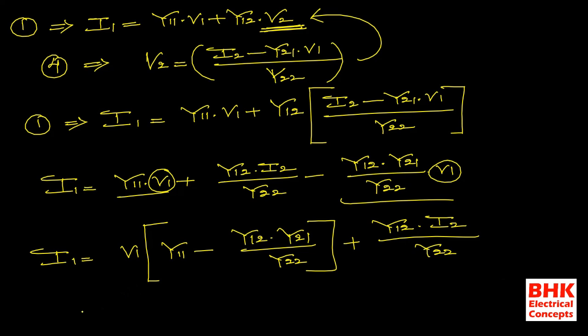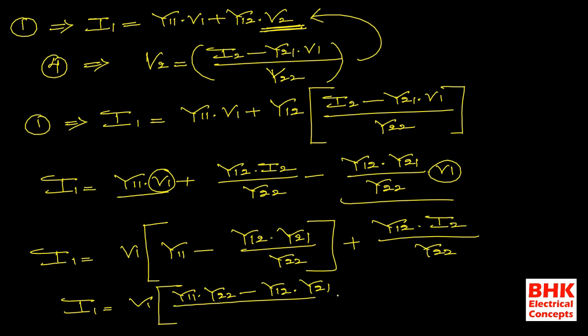Now again simplify this one. So I1 is equal to v1 into (y11 y22 minus y12 y21) divided by y22 plus y12 into I2 divided by y22.